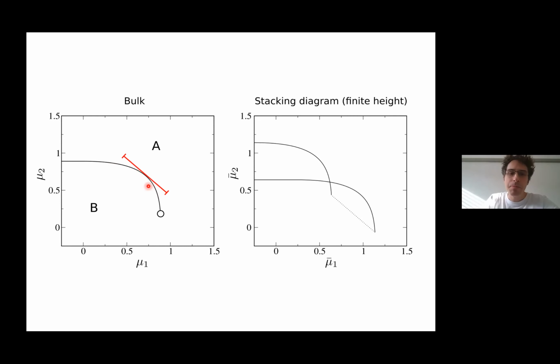So there are paths that are tangent to the binodal. They are also special because if I move this path down, I will find a sequence which is ABA. All the paths that are tangent to the binodal are in the stacking diagram along this line. And that's the stacking diagram of my sample.